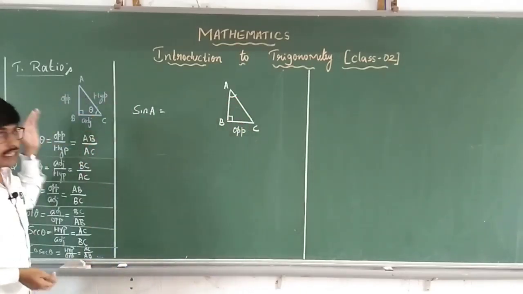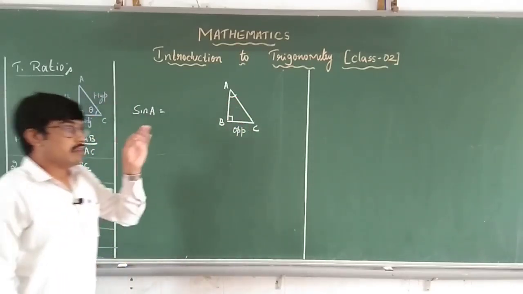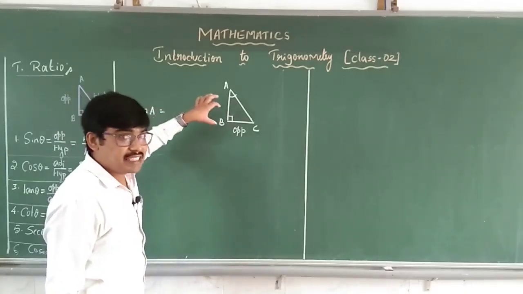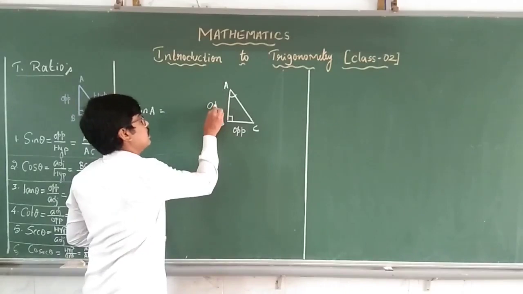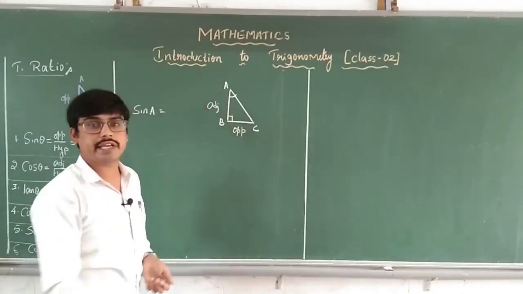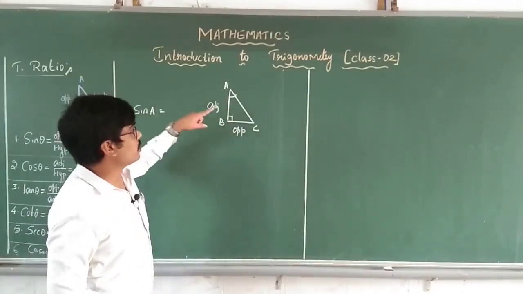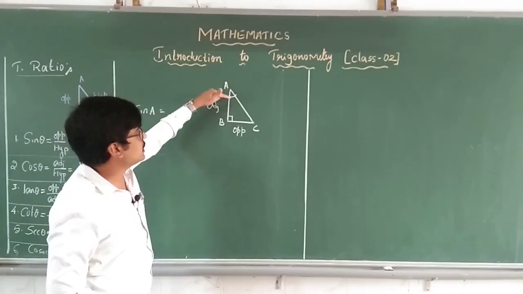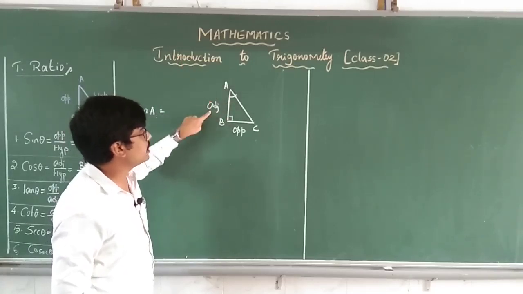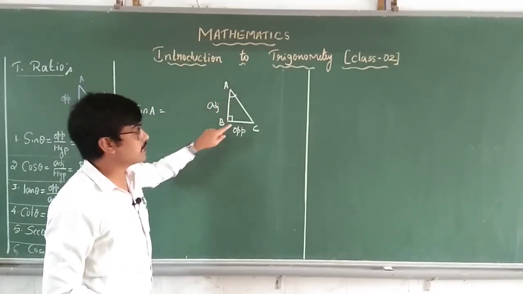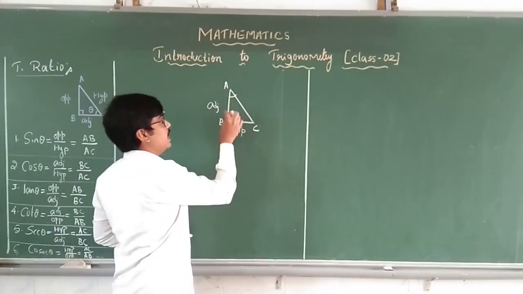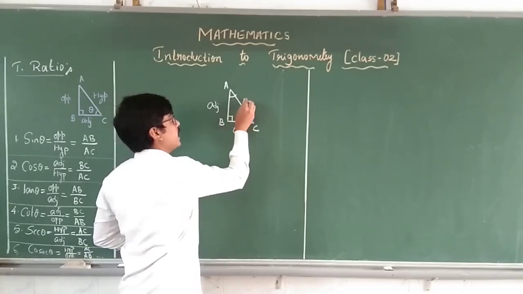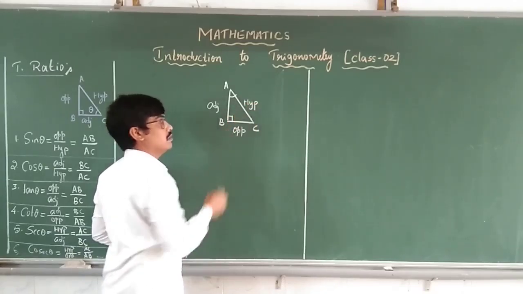The side which is adjacent to the acute angle and right angle will become adjacent. This is not the adjacent in all the cases. So we have to take the side which is adjacent to the acute angle and right angle as adjacent. The side which is opposite to the acute angle as opposite side, and the side opposite to the right angle as hypotenuse.